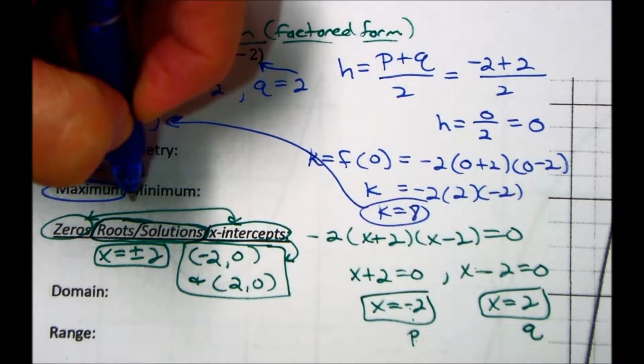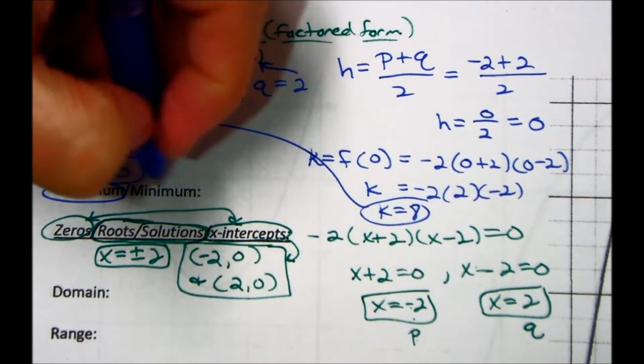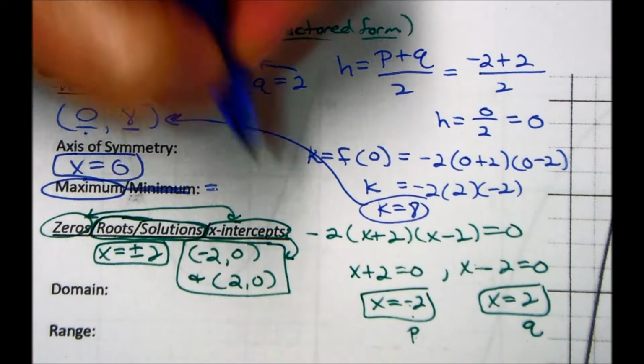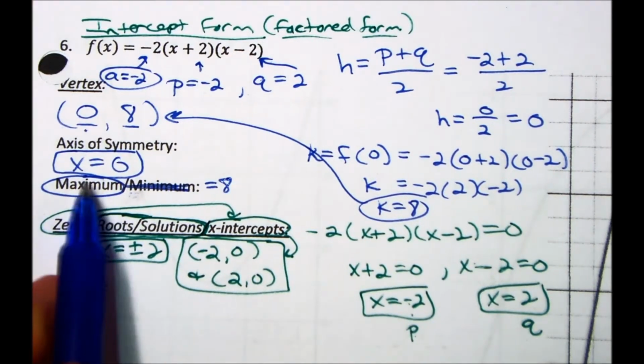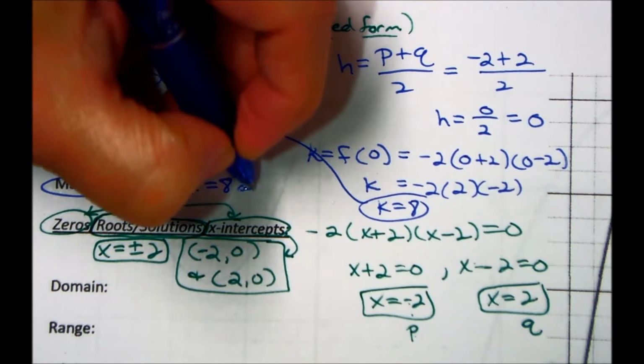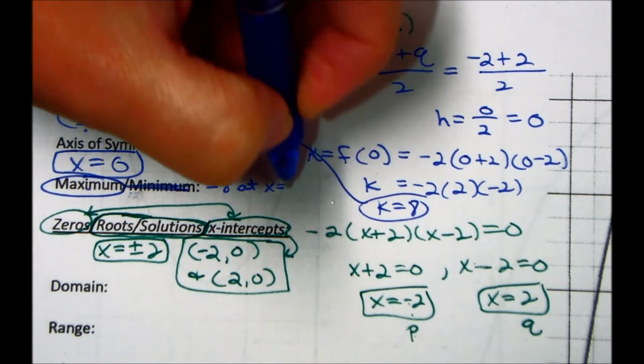The max is going to equal the k value. So I'm just going to cross that out. It's a maximum, not a min, and it's going to equal 8. So your maximum value equals 8 at the x value of 0.